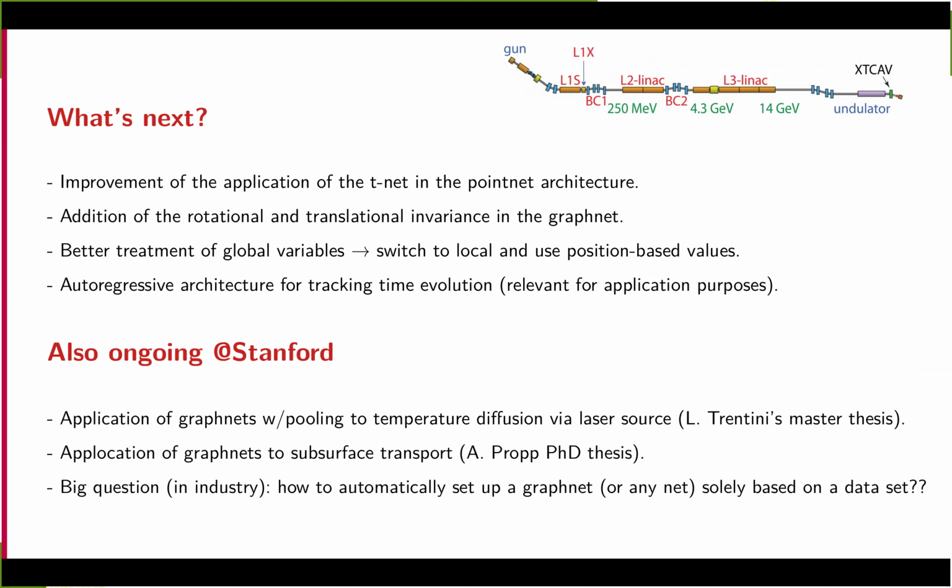I think a big question, though, that is very, very important in industry is how do we know what architecture we should use given a data set and some metadata regarding the problem? Because at the beginning, I talked about what to do in the context of mechanics, and what the challenges are in the context of CFD. But given a data set, how do we know, without an engineer in the loop, what architecture we should set up?